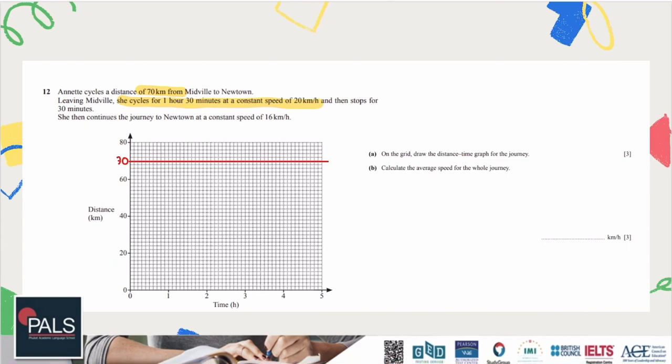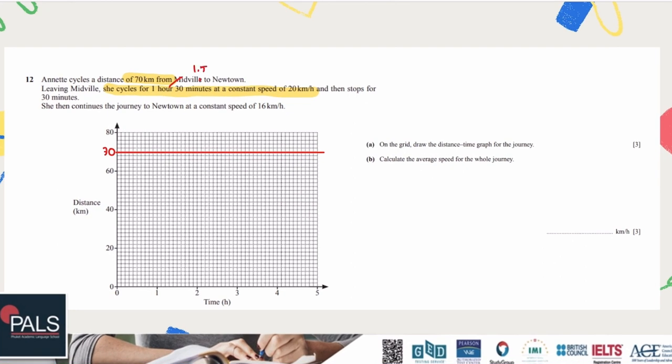So the first period, she cycled for 1 hour 30 minutes, right? So it's 1.5 hours. So with the constant speed, this topic we relate with s equal to d over t, right?